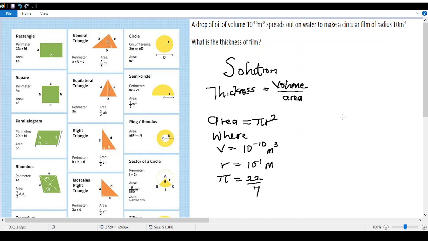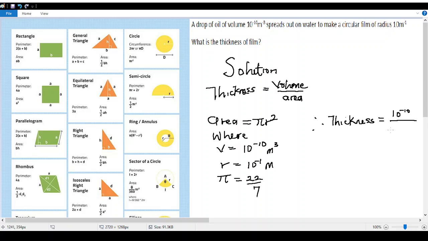So next step we're going to take is using the formula here. So we're going to say formula for thickness, therefore thickness is equal to, the value for volume there is 10 raised to the power minus 10 all over the value for the area there, which is pi r squared.